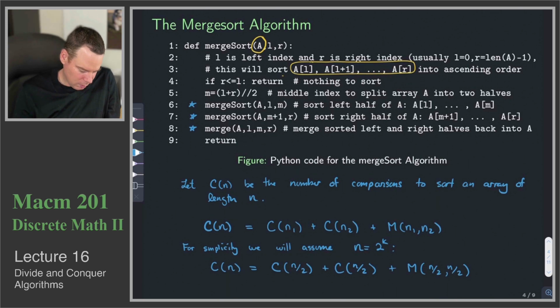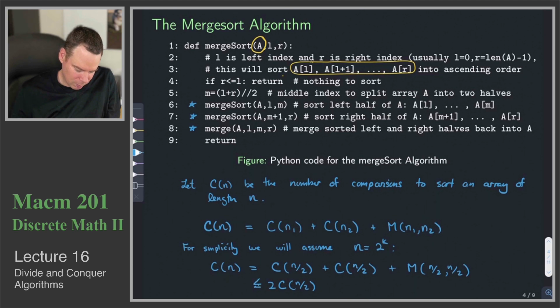Now what are these things? Well, we know that C n over 2 appears twice there, so that's 2 C n over 2. We also know the worst case scenario for merging, m of n over 2, n over 2. We know the maximum number of comparisons, so I'll put a less than or equal to.